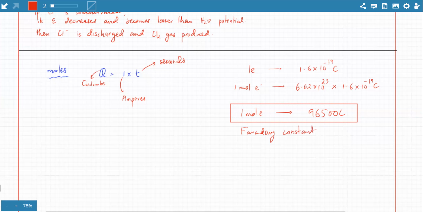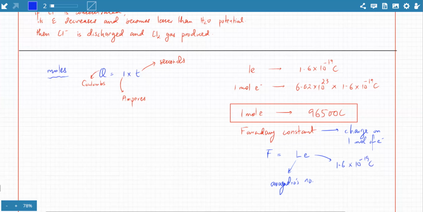So Faraday constant is simply the charge on 1 mole of electrons. And the formula is F is equal to LE, where L is the Avogadro's constant or number, and E is 1.6 times 10 power minus 19 coulombs.